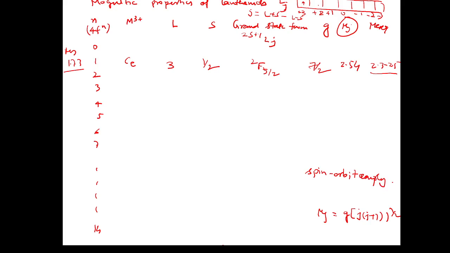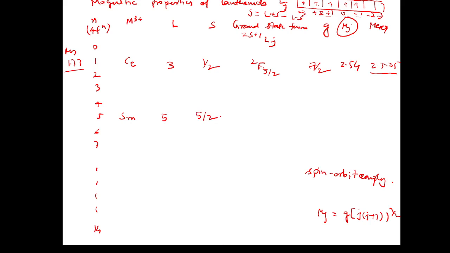So I will take one more example. Suppose I take f n is 5, like samarium. So here L value is basically 5, because if you fill the 5 electrons, 1 2 3 4 5, plus 1 minus 1 cancel out, so L is 5, S is equal to 5 by 2.